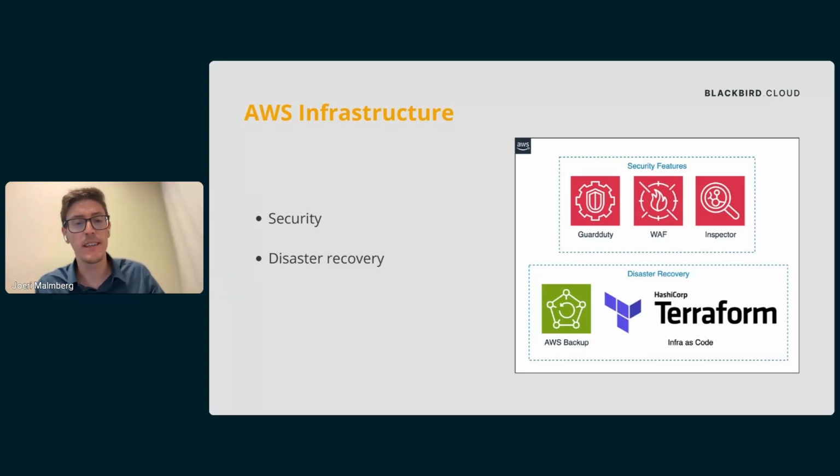So that's for the persistent data. In terms of disaster recovery, for the rest of the resources, we just rely on infrastructure as code, and everything else is a volatile resource that can be recreated. So there's no need to make more backups than that.